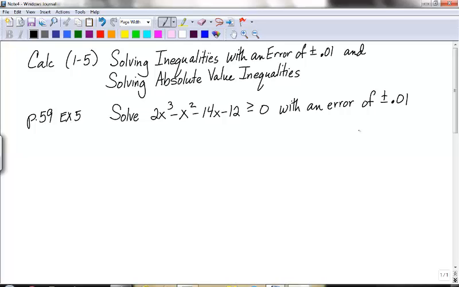and change your scale. Okay, let's look at the window. Go zoom standard, zoom 6, and I really don't care on the graph what it looks like, and change the x scale to 0.01.